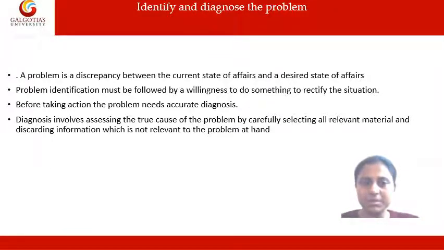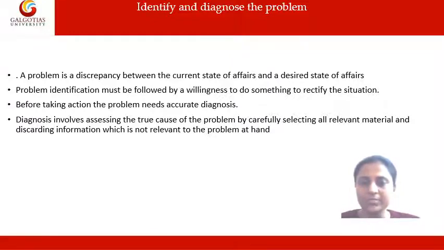So the first step in the decision making process is recognition of the problem. A problem is the discrepancy between the current state of affairs and the desired state of affairs. Unless we identify the problem, of course, it will be very difficult to even find the solutions.